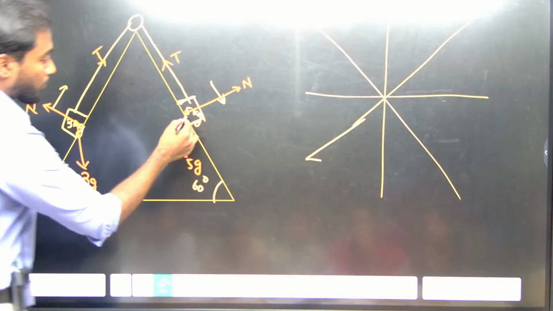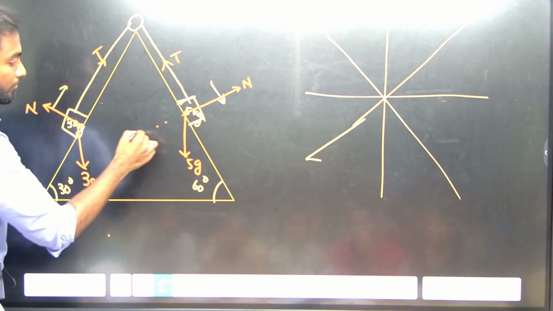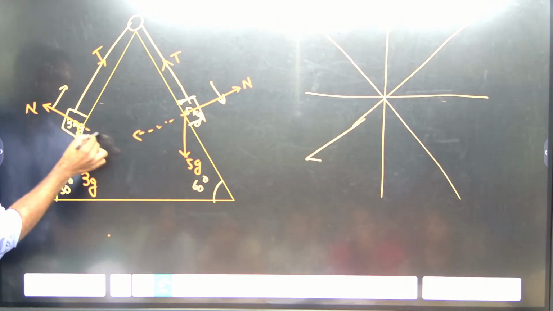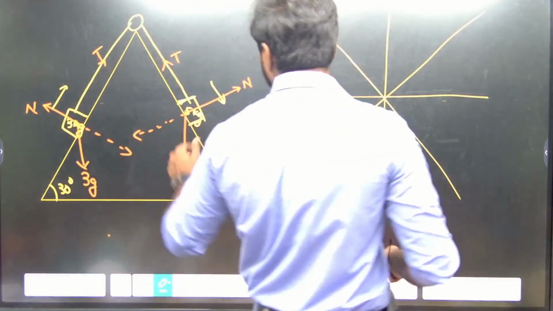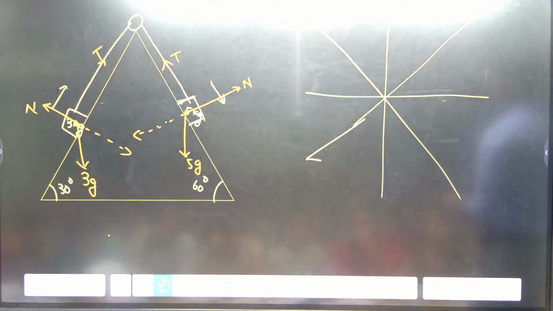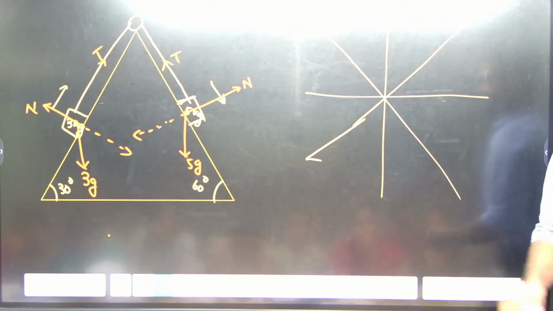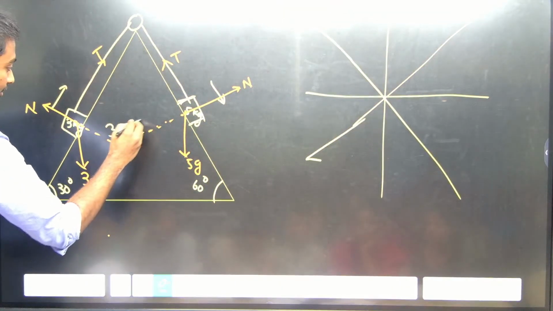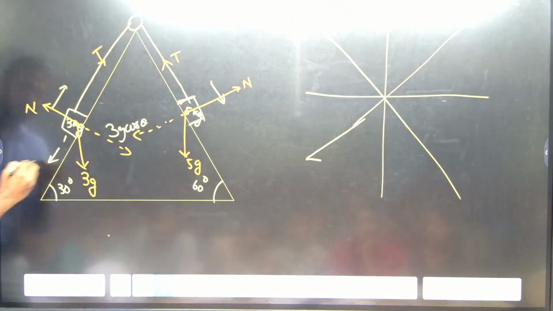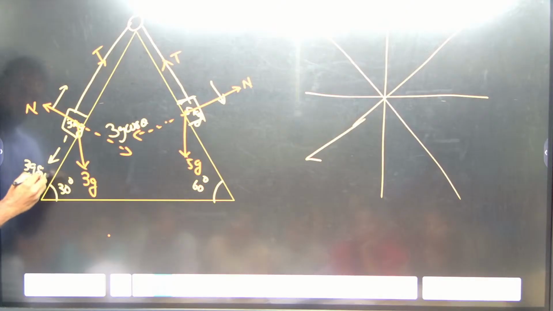Now I need to find the components. So what is the component of the first one, second one? Okay, this is 3g cos theta and this is 3g sin theta.